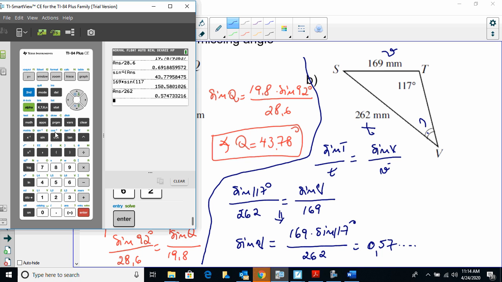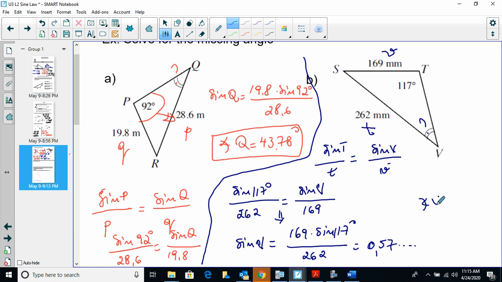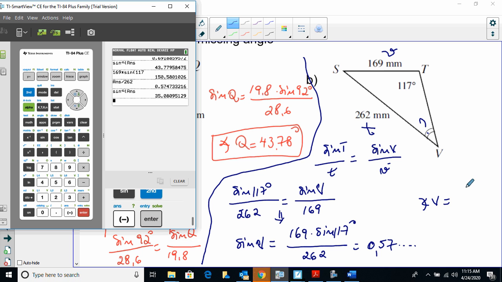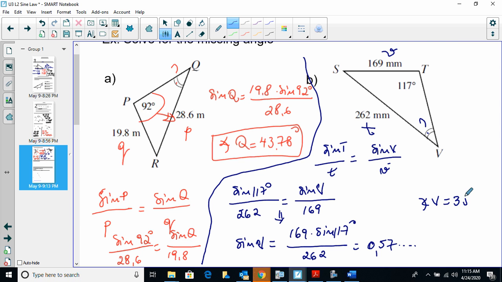And in order to find the angle, what we will do is inverse sine of the answer. You don't have to write everything. So then from here you find that angle V is equal to 35.1 degrees.